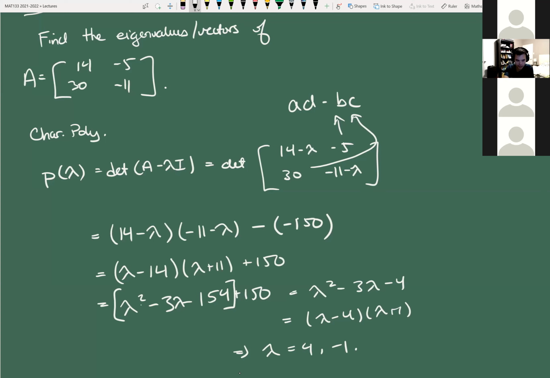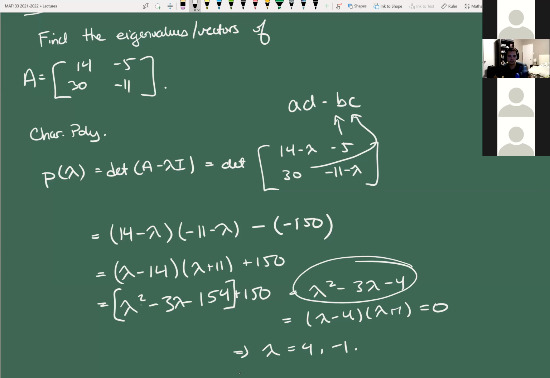So I did that, and then I did negative 154 plus 150, which just gives me -4. Then I factored this polynomial into (lambda minus 4)(lambda plus 1). Since I'm trying to find the roots, they are precisely where this is equal to 0. So lambda = 4 is a root and lambda = -1 is a root. Does that make sense?